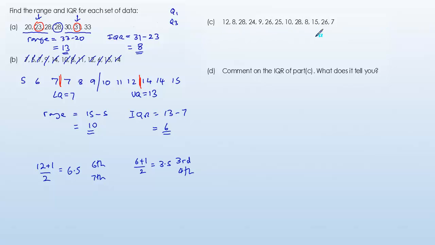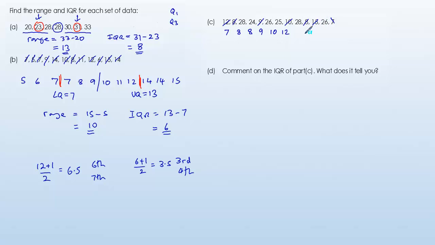Now let's look at part C. It's not in order, so the smallest piece I can see is a 7. Then I've got 8 and 8. Then I've got a 9 here. I've got a 10, a 12.